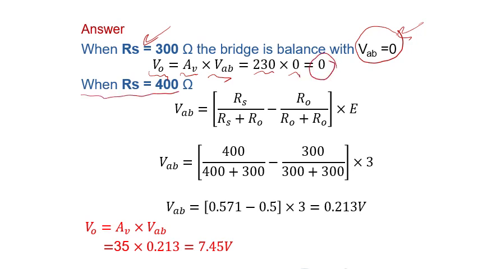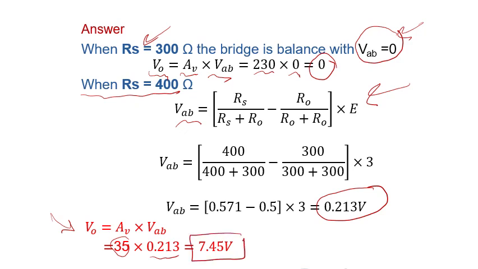Now, when RS becomes 400 ohm, VAB can be calculated from this formula, and we find that VAB equals 0.213 volt. Now the output voltage equals the gain times VAB, which equals 7.45 volt. Actually, this is the change in the voltage.